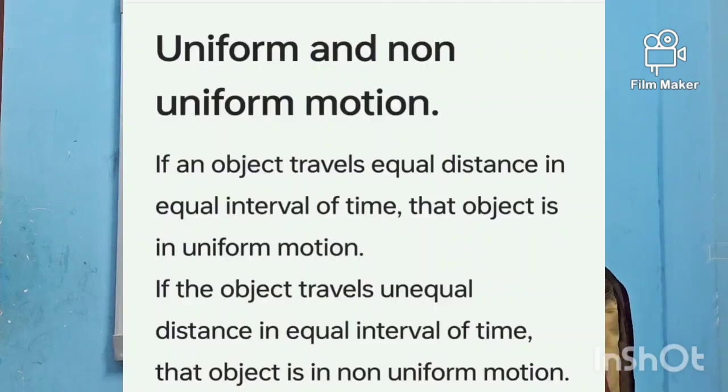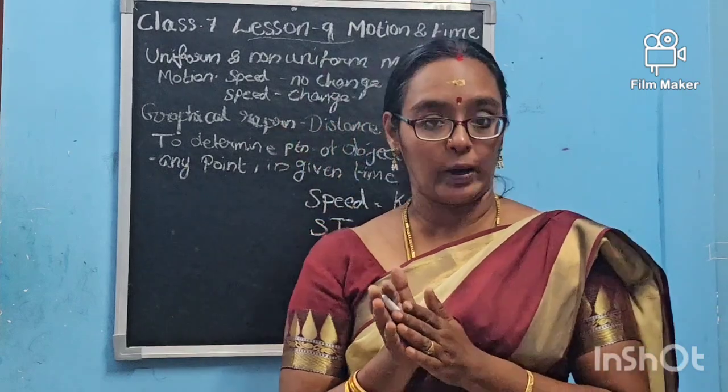When the object is moving without a change in the speed, or the motion is on in a straight line without any change, it is said to be uniform motion. When there is a change in the motion, it is said to be non-uniform motion. Okay. Now all these things you have understood.